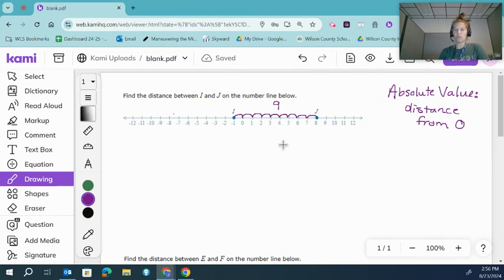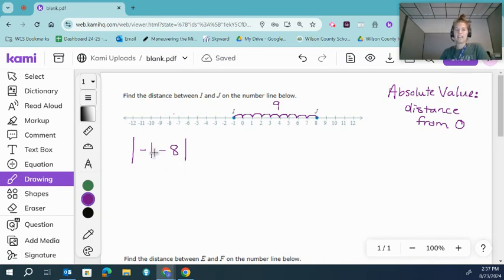But we can also write an expression to represent this using subtraction and absolute value. So we would take the absolute value of -1 minus +8, and again, we take the absolute value because distance is always positive.